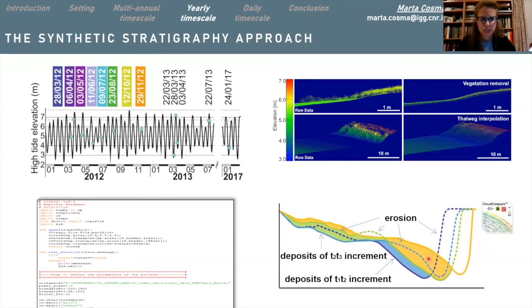So using the synthetic stratigraphy, we can understand which deposits are preserved in the stratigraphy.